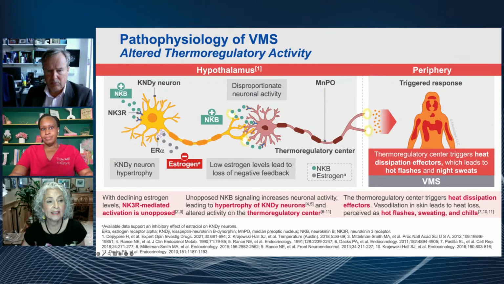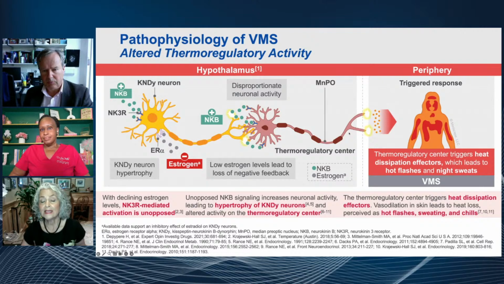So neurokinin receptors on KNDy neurons go up when estrogen goes down. So with menopause and the decline in estrogen, these NK receptors go up and they transmit a signal from the hypothalamus through to the median preoptic area, another part of the midbrain, that also has neurokinin receptors that then affect the body.